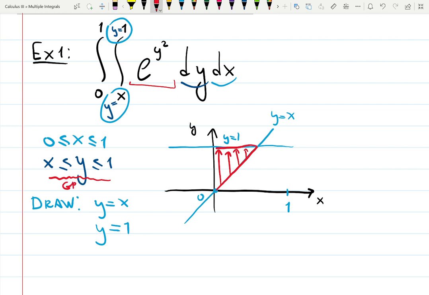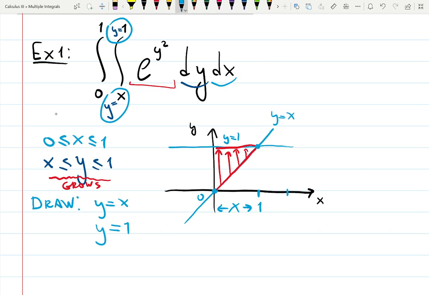It grows from the line y equals x and stops at the level 1, while x is running from left to right from 0 to this point, which ends up being 1.